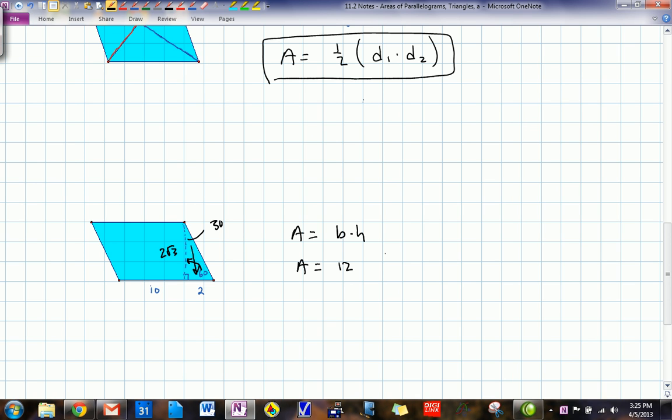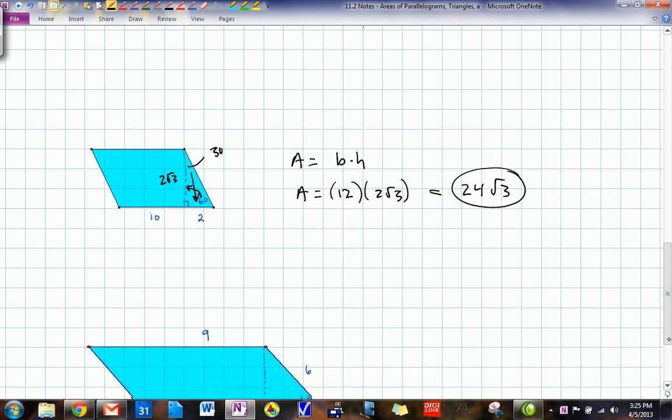And when I multiply that times the 2 square root of 3, I end up with an area of 24 times the square root of 3. So there's a parallelogram that involves the 30, 60, 90 right triangle. You could also see parallelograms where we need to use SOHCAHTOA, trigonometry, to be able to find that height or perhaps the base. So remember trigonometry when you're going through the homework.